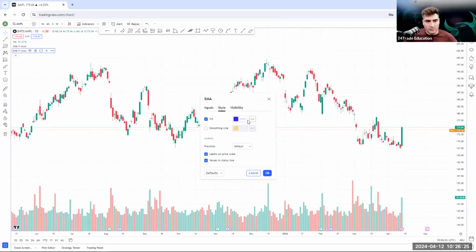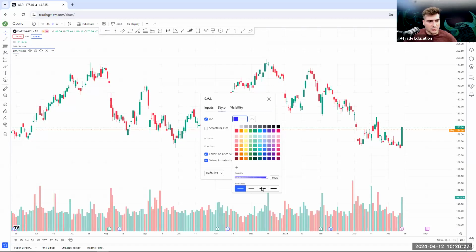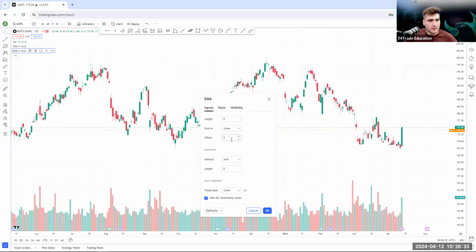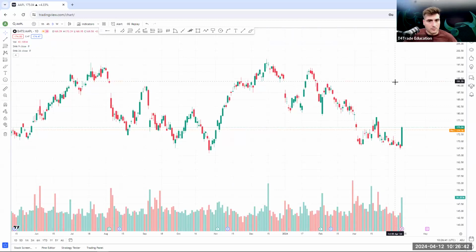Let's do the moving average, the blue line, even though it does not show for some reason. Where is it? Let me see what is the reason why. Let's do 26. Let's do EMA. Why is it not showing on the chart? Kind of weird.